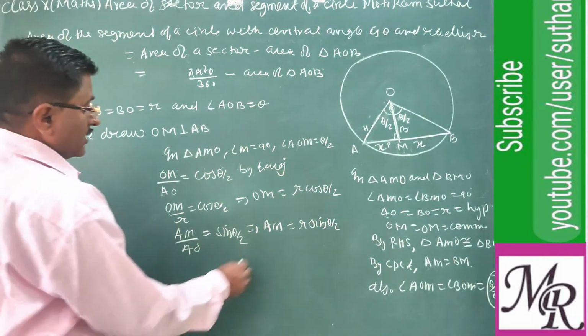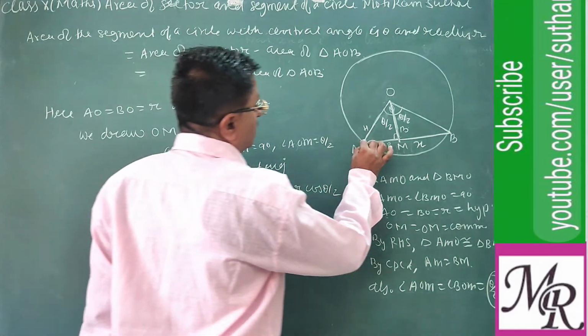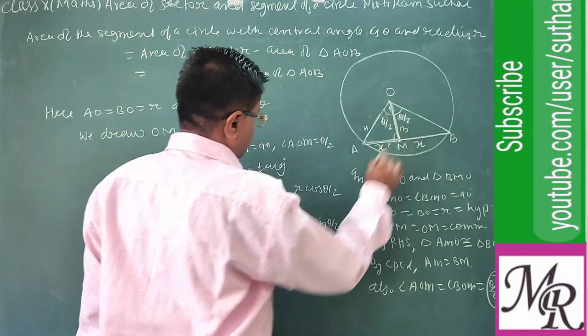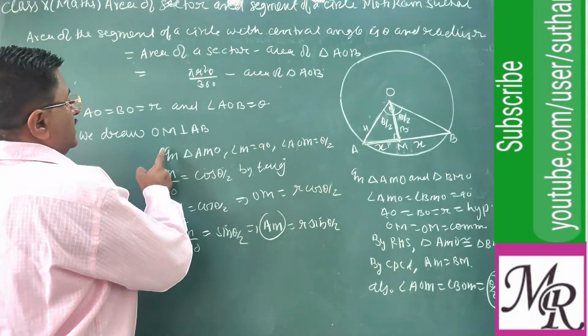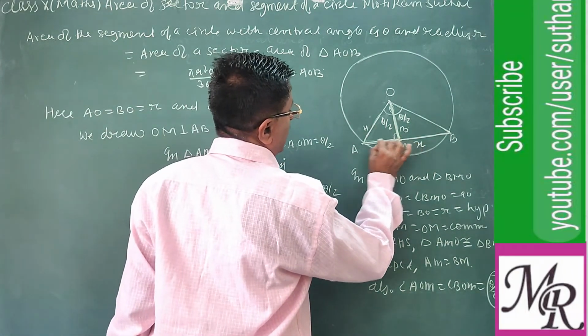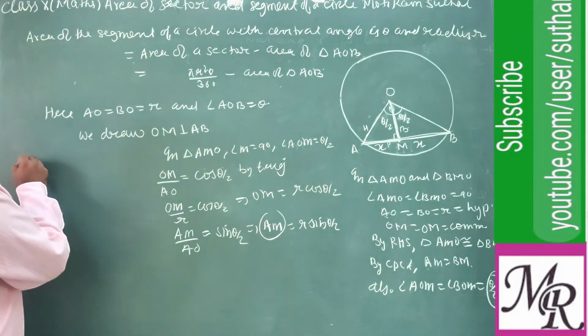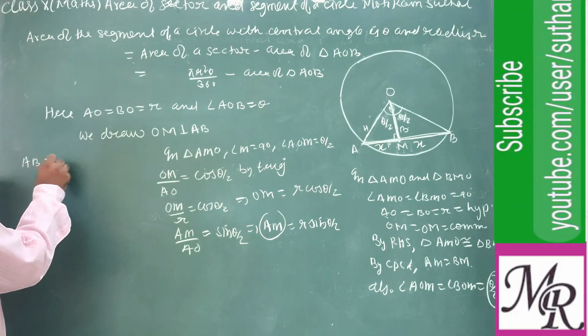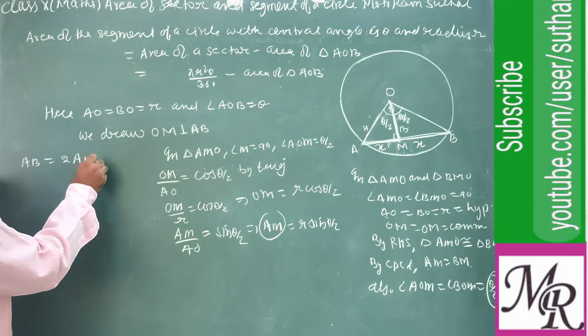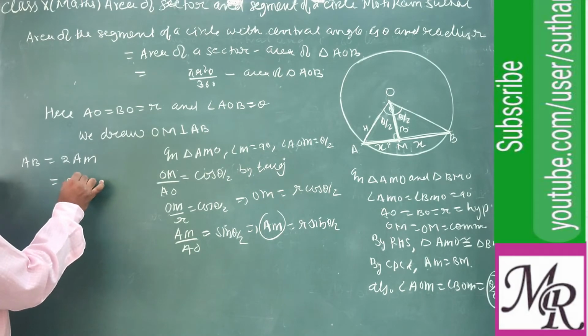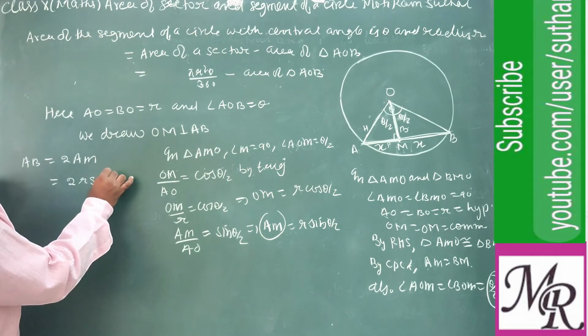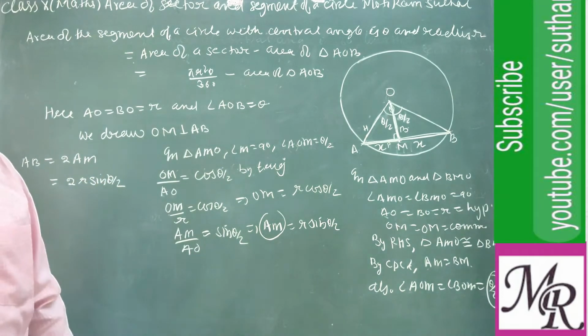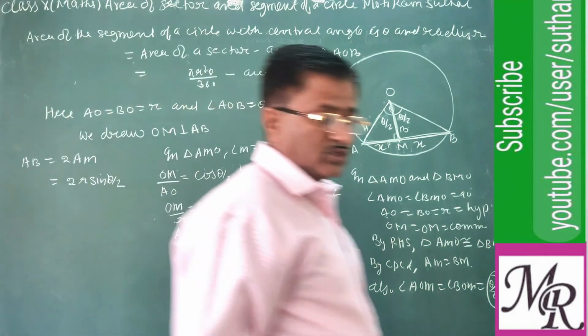Clear? So we get both. Since OM bisects AB, AB is twice AM, so AB is twice R sine theta by 2. Clear?